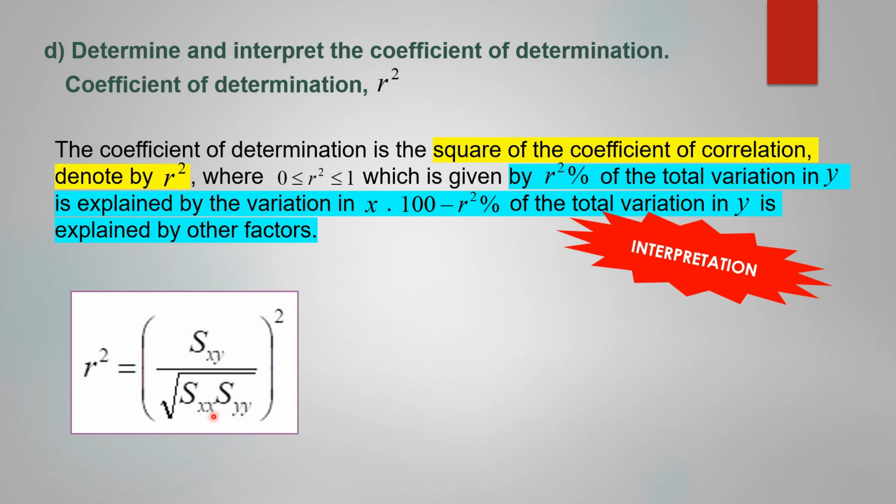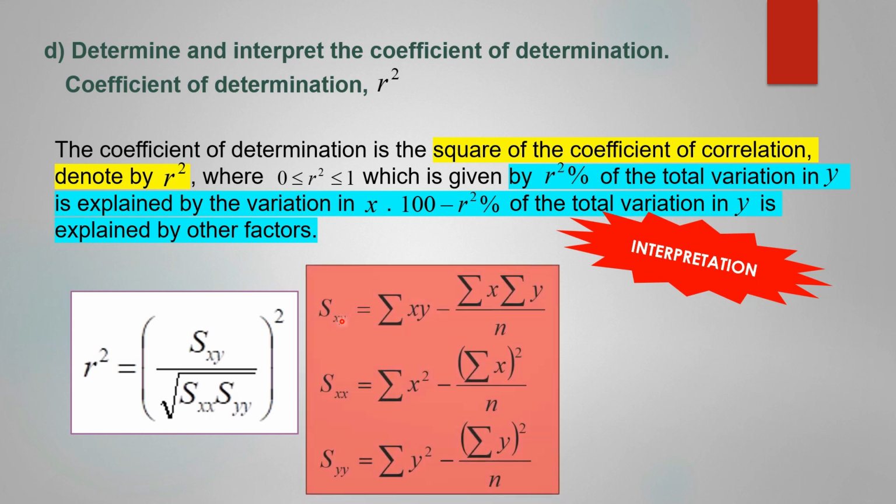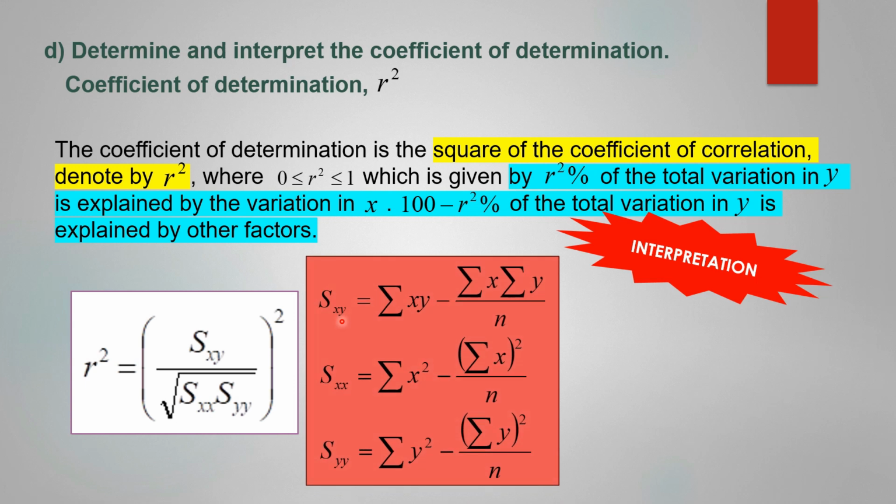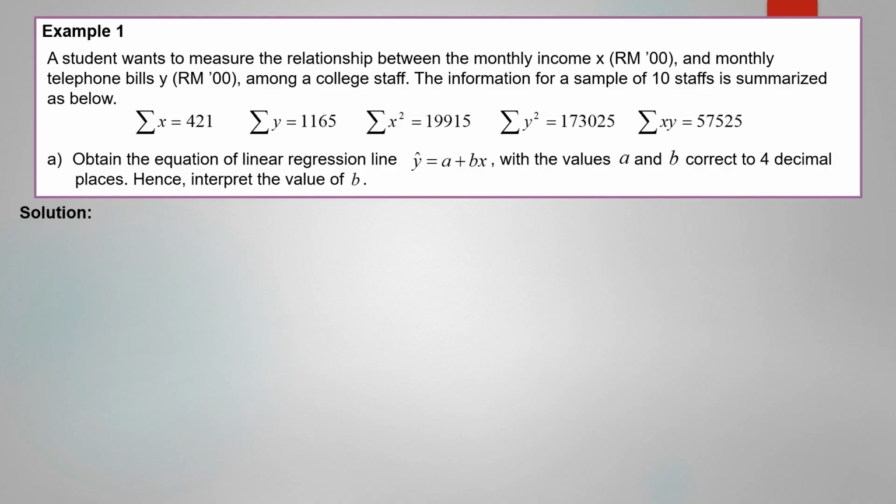So, the formula would be Sxy divided by square root Sxx times Syy, everything squared. Let's recall how to find the values of Sxy, Sxx, and Syy. These are the formulas in order to find Sxy, Sxx, and Syy.